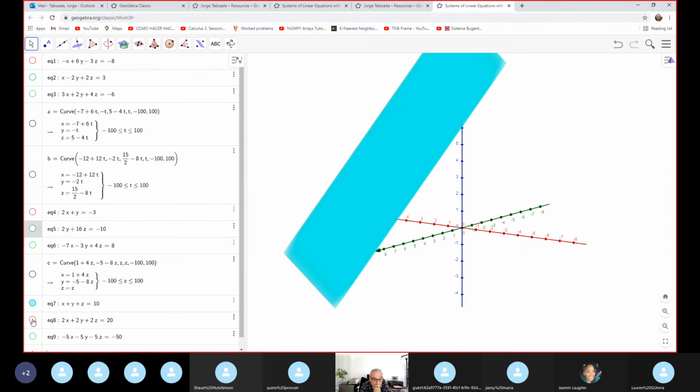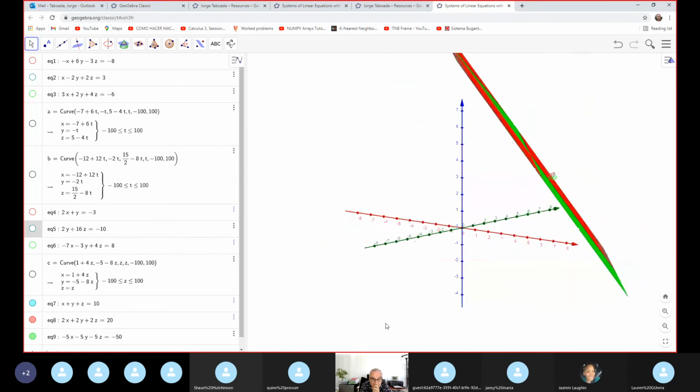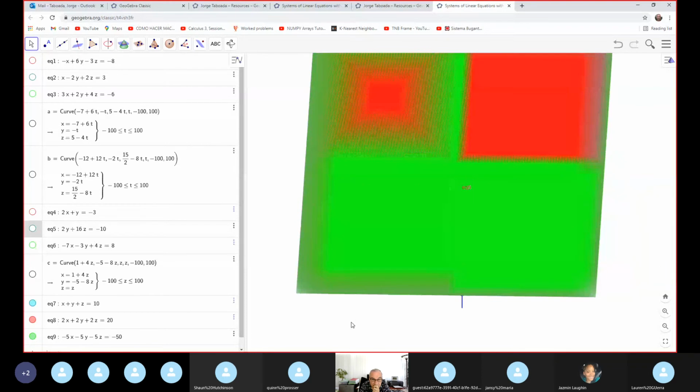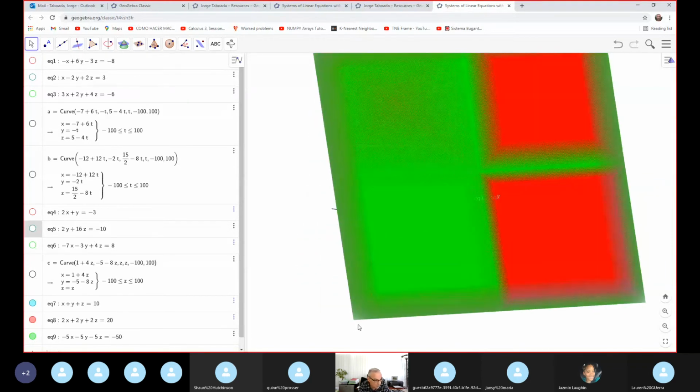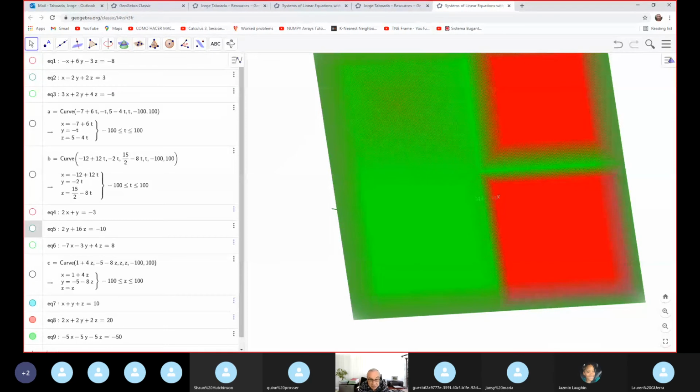Blue, red, and green. You see it's the same? Overlap the plane. Therefore, to represent the plane algebraically, we need 2 free variables. Crystal clear or confusing? Confusion or clear? Clear. Okay, nice. I like that.